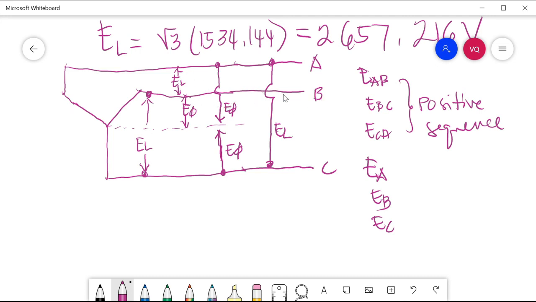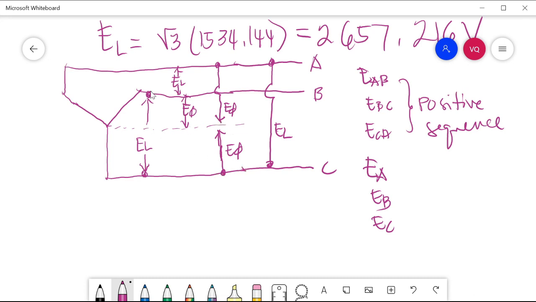For line B, it is phase B. This is EB. This is EA, and the last one is EC, this one. EA from this point to the ground, EA, EB, and EC.